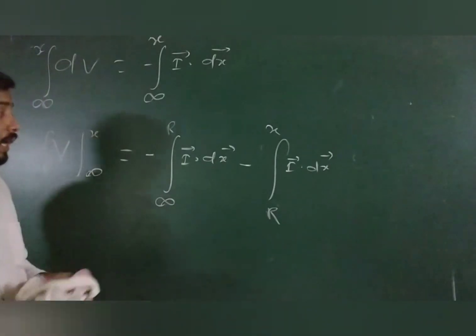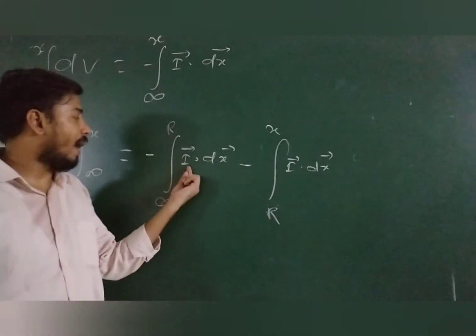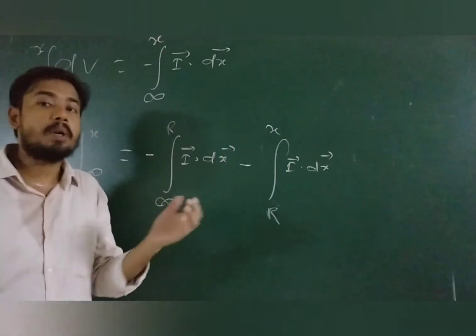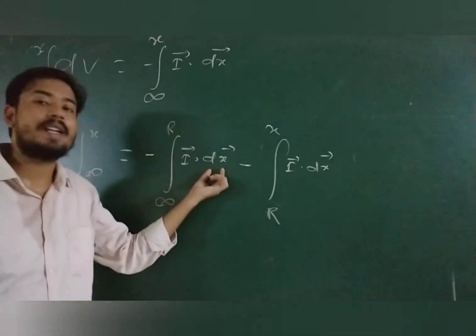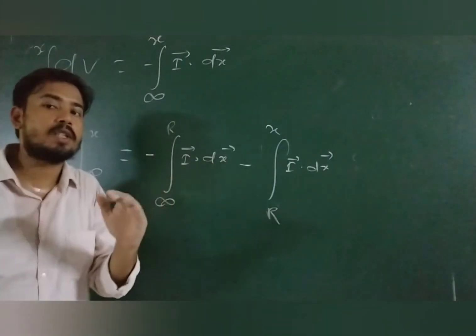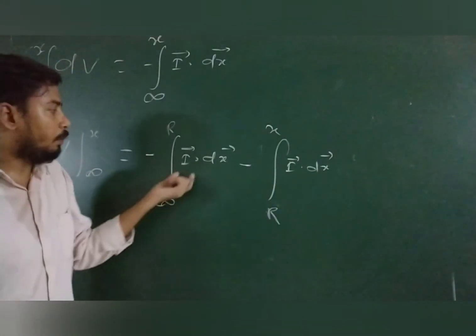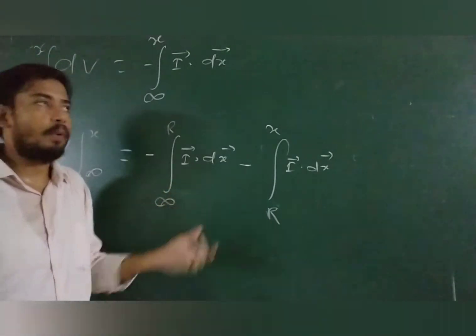Now this becomes directly dx, but this is a minus dx, because the displacement is always negative here: the final position is always less than the initial position, since the initial position is infinity and the final position is x. Getting my points?